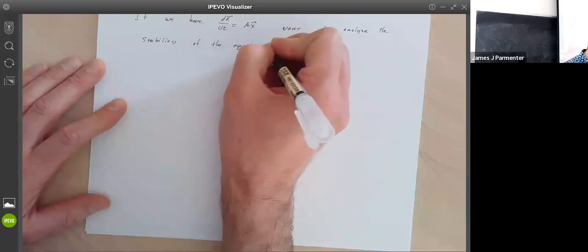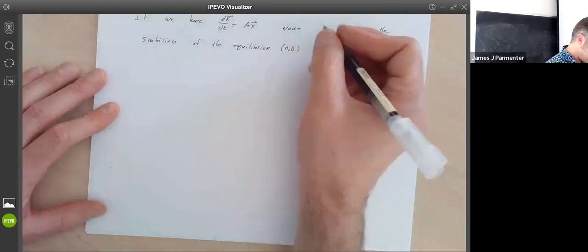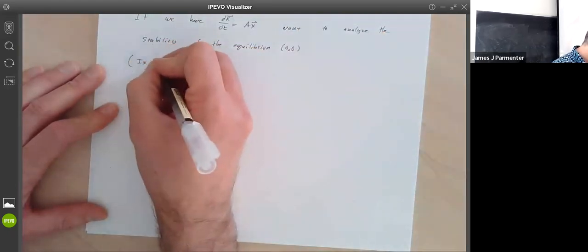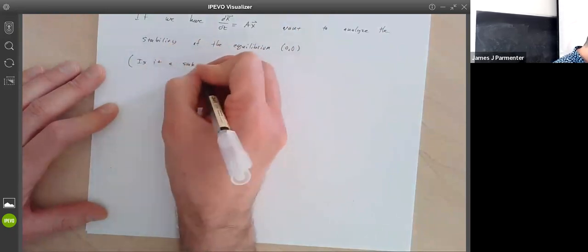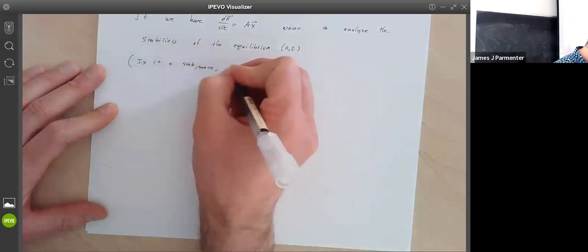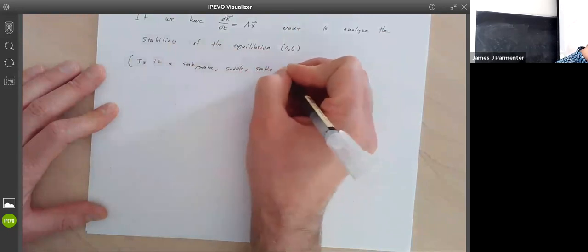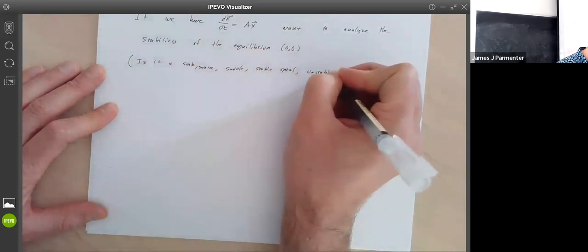Of course, the equilibrium is the point (0, 0). So the question we're asking is: is the equilibrium a sink, a source, a saddle, a stable spiral, an unstable spiral, or a center?